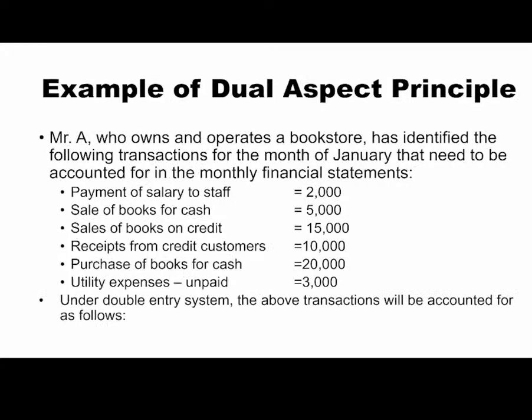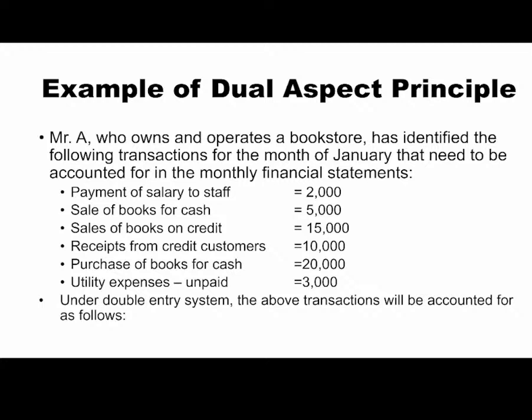We can look at an example for the dual aspect principle. Let's look at this example. Mr. A, who owns and operates a bookstore, has identified the following transactions for the month of January that need to be accounted for in the monthly financial statements.